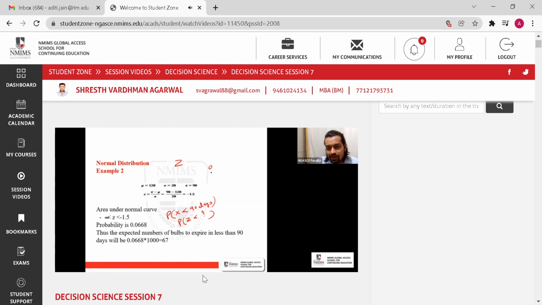So here 90 is the days. What is the concept of Z? Observation minus mu divided by sigma. We are calculating the probability for this: Z is less than x minus mu by sigma.